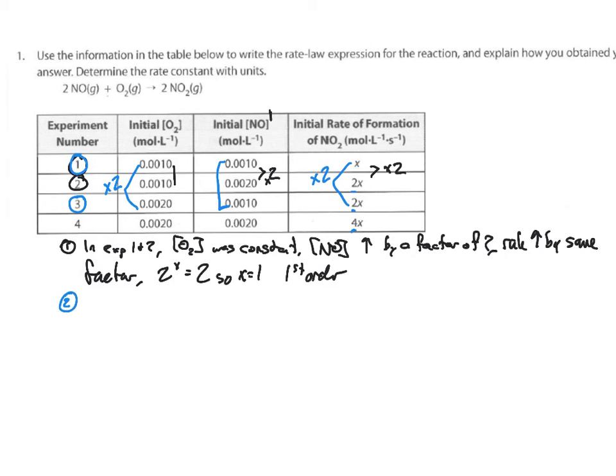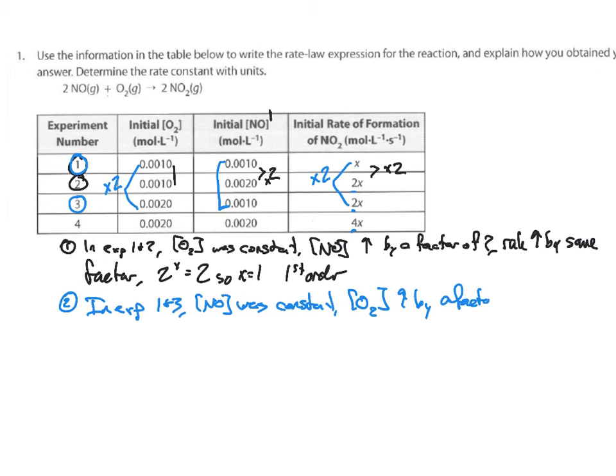So then I would say same thing in experiments 1 and 3, NO was constant. Concentration of O2 increased by a factor of 2.